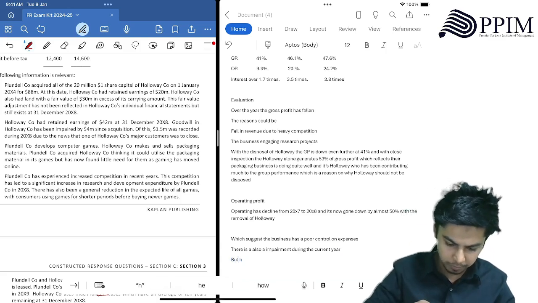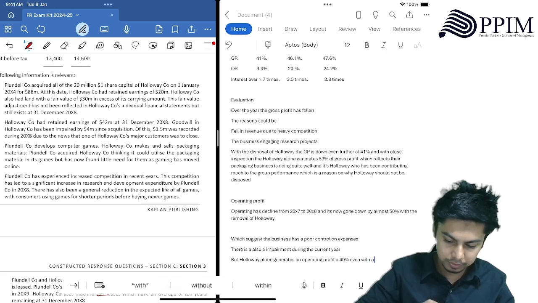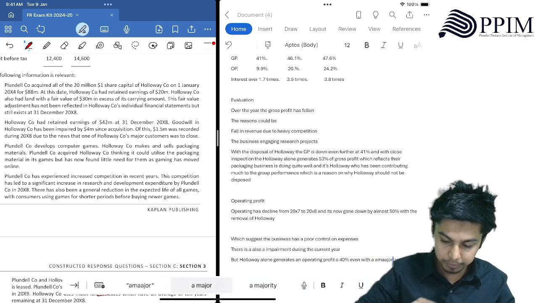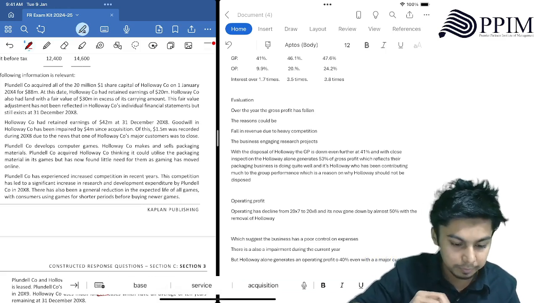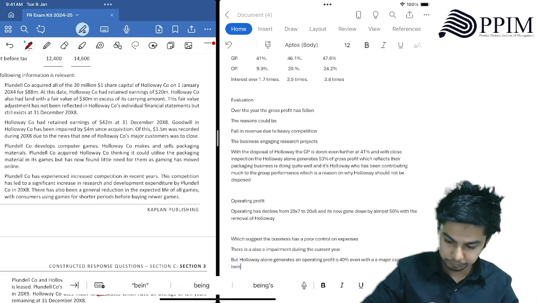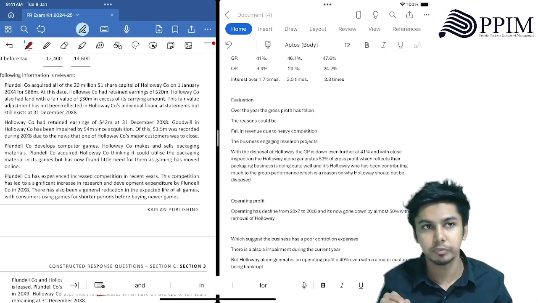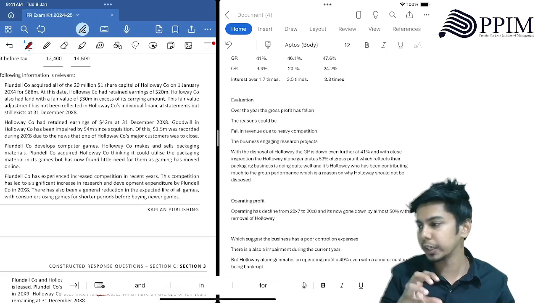Holloway alone generates an operating profit of 40% even with a major customer being bankrupt. So guys, since this is a major customer, we have to take that into consideration.